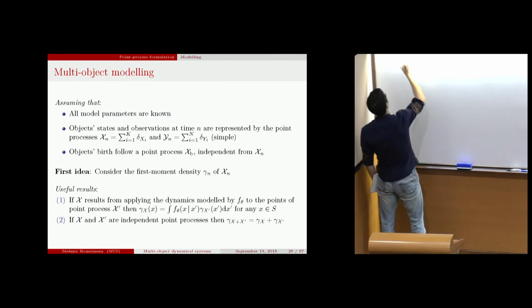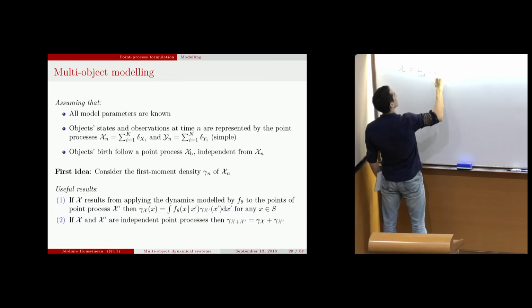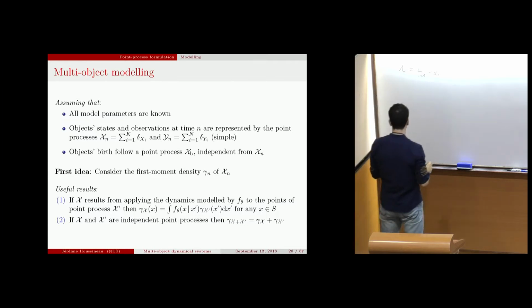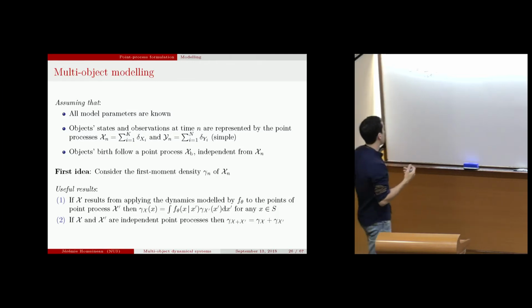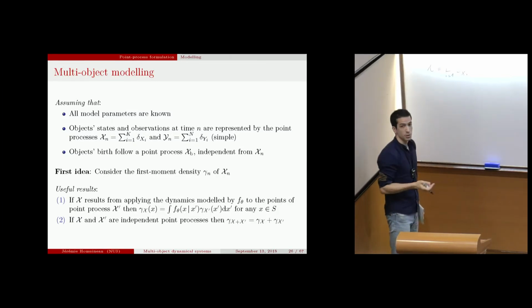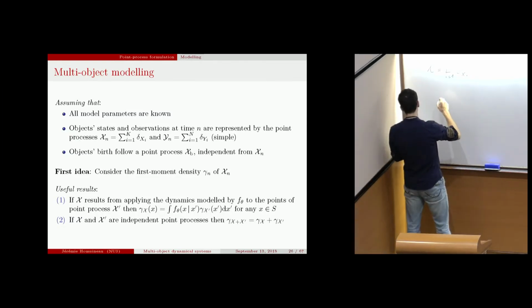I'll write again: we have a point process, the sum from 1 to capital K of delta xi, right? One way to prove these things, which I think is by far the simplest way, is to use the equivalent of probability generating functions, but for point processes. So it is a nice way, I think, to deduce it.